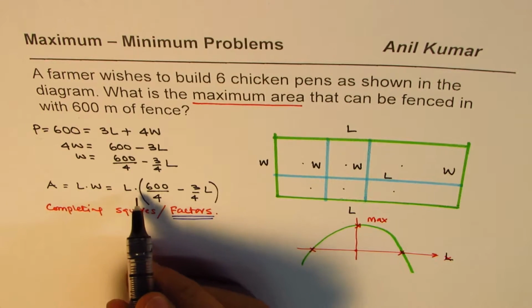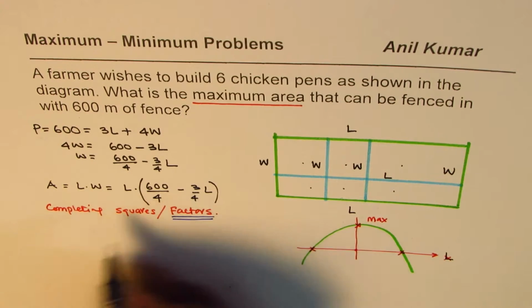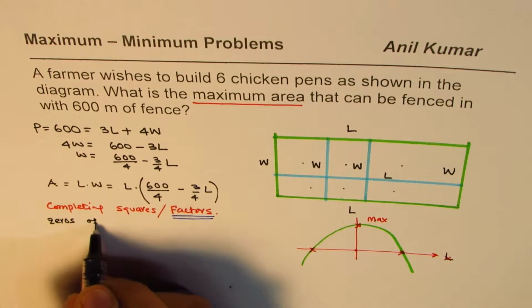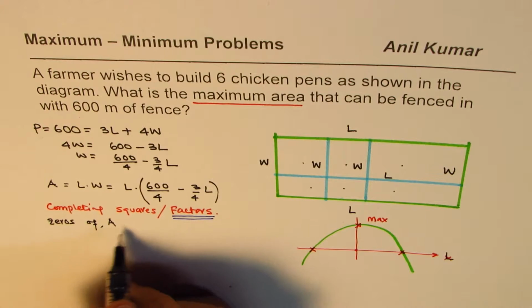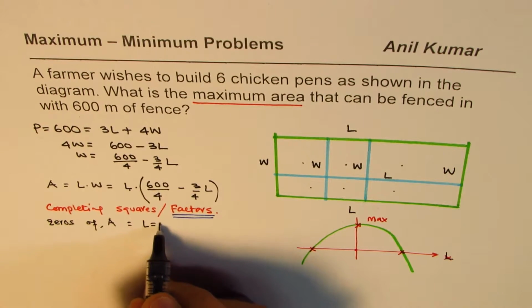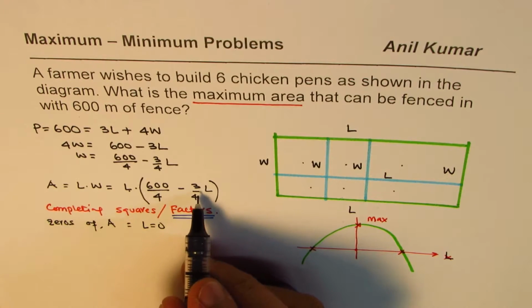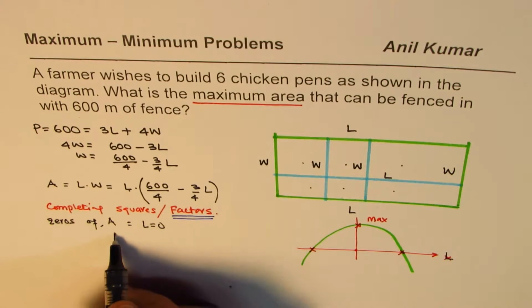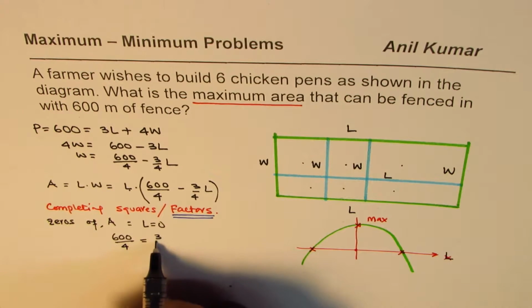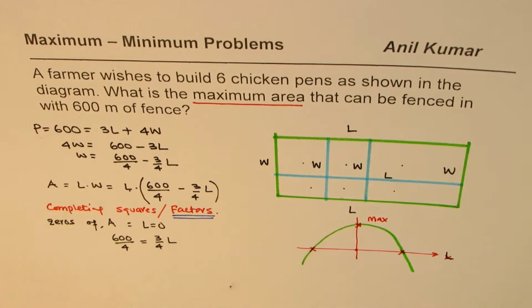Now in this particular situation, when are these zeros? So we are looking for zeros of area A, right? So zeros of area will be when L equals 0. That's the first one. The other one will be when 600 over 4 equals 3 over 4 L, right?